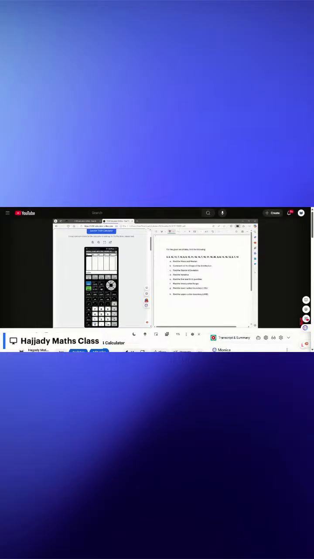Now we have the L1. You can plug in your data set in L1. So what are the data set that we have? Now we have 5. Then you click on enter.